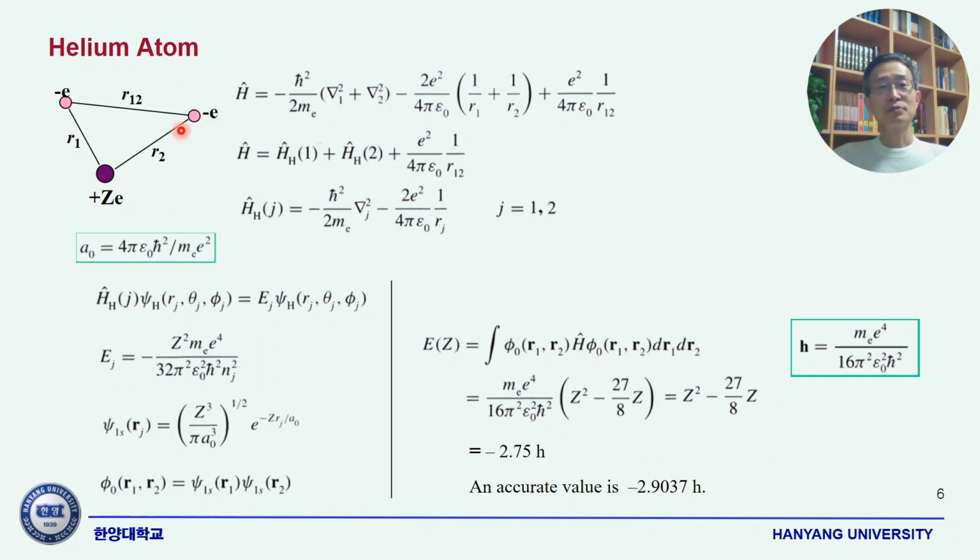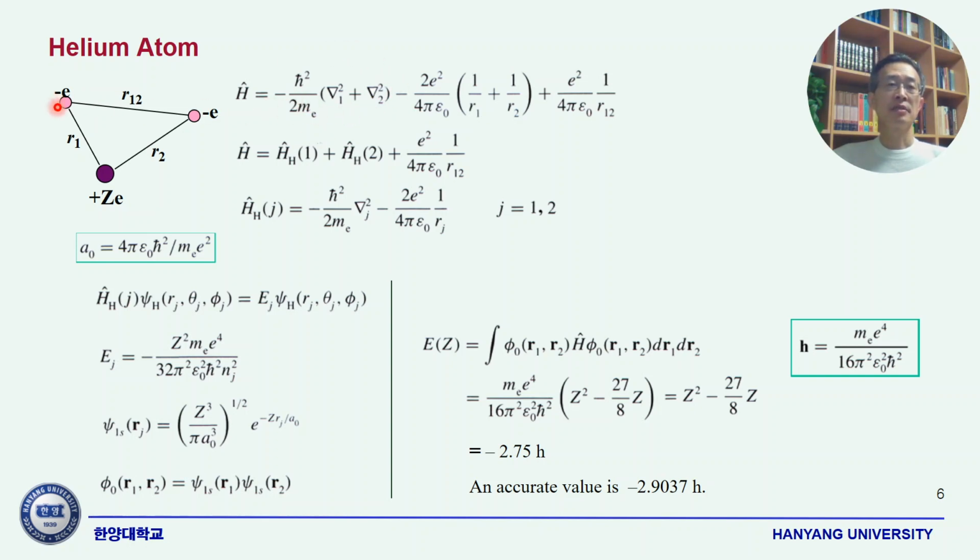So we now include only the kinetic energy of the electrons, not of the nucleus. The first term is minus h bar squared over 2m_e, del 1 squared, the kinetic energy of electron 1. Let's say this is electron 1, this is electron 2. Then minus h bar squared over 2m_e, del 2 squared. This is the kinetic energy part.